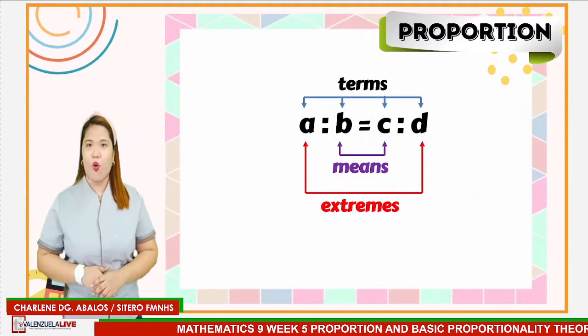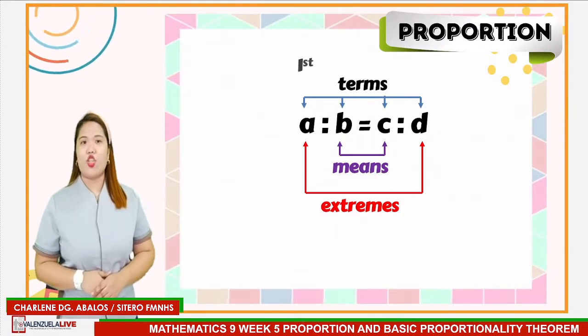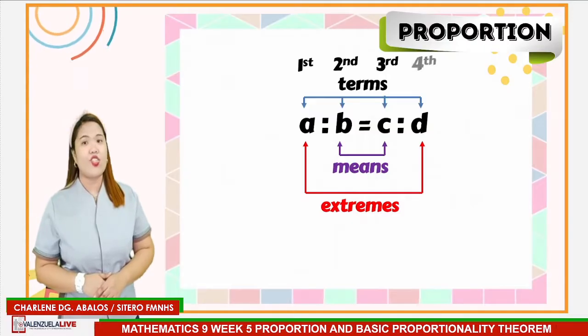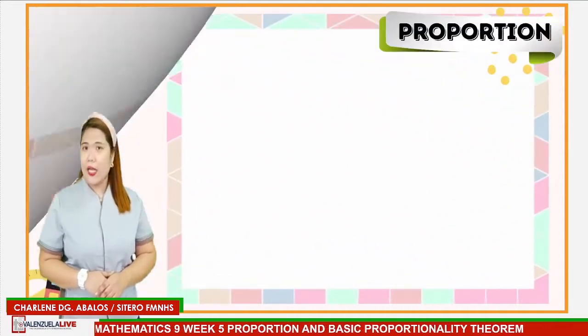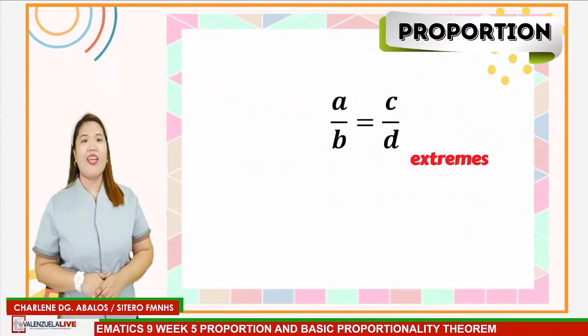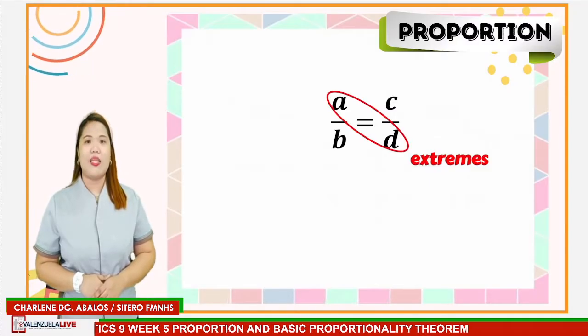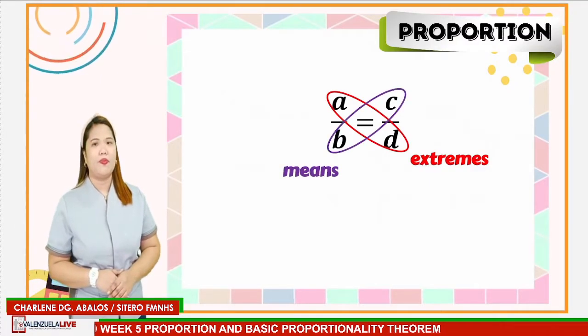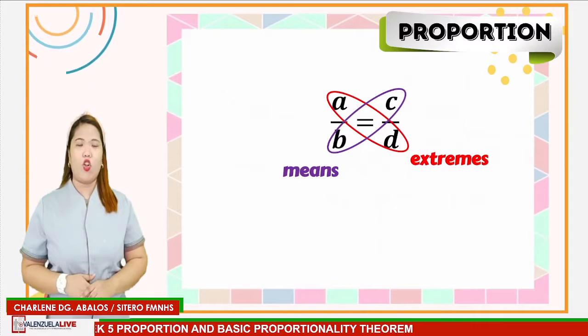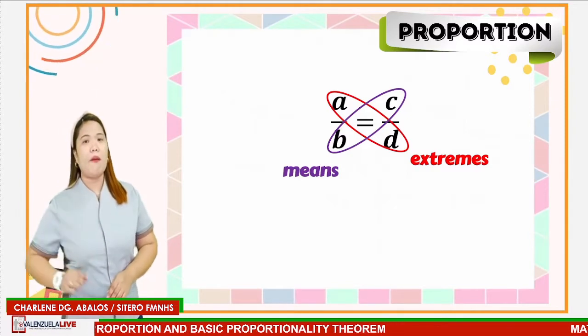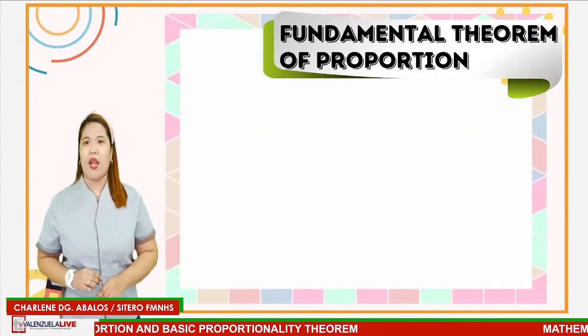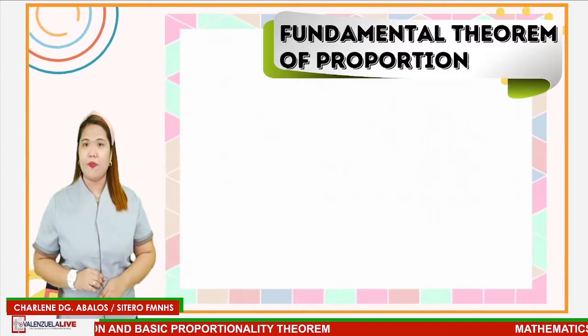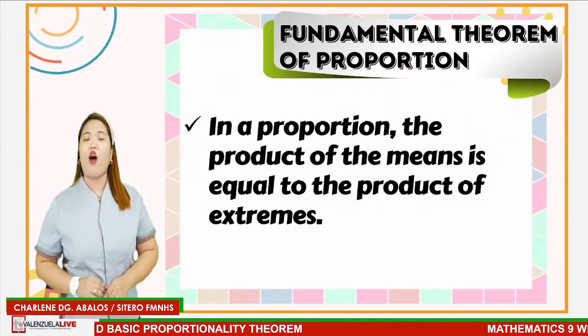In fraction form, the opposite terms a and d are the extremes, while term b and term c are the means.